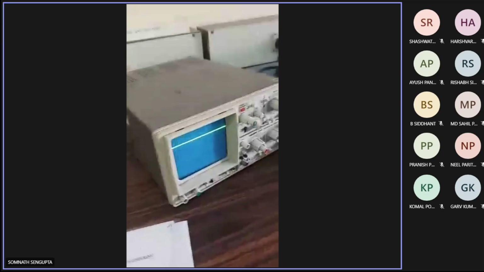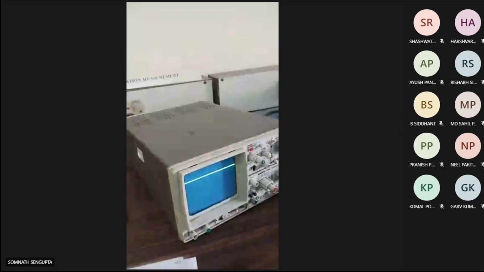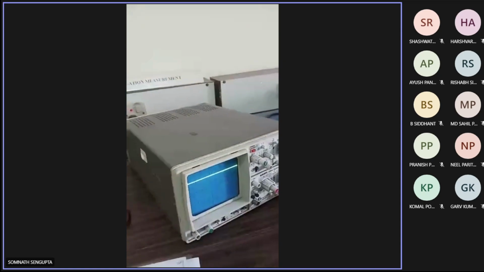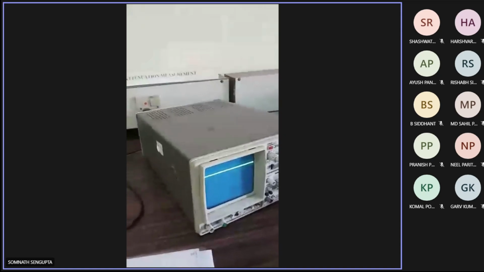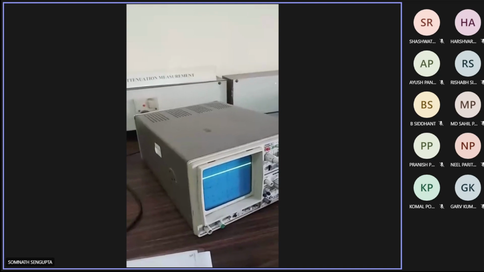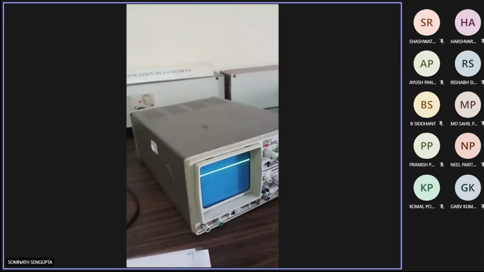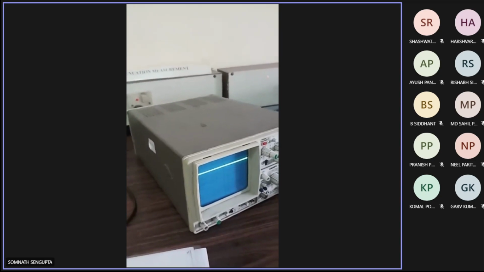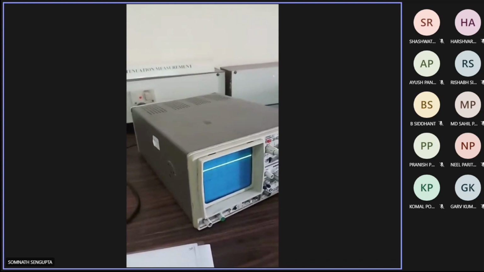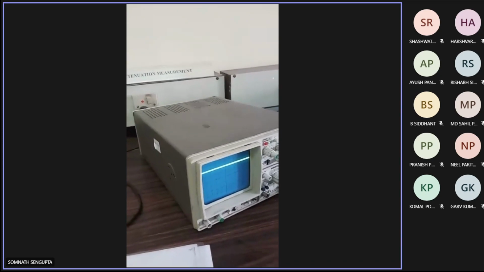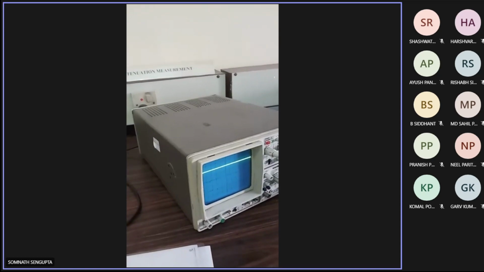One CRO is used. Simply, we can pass one square wave through the optical fiber, and the detected wave will be a square wave. The magnitude of that square wave we will measure for different fiber lengths.